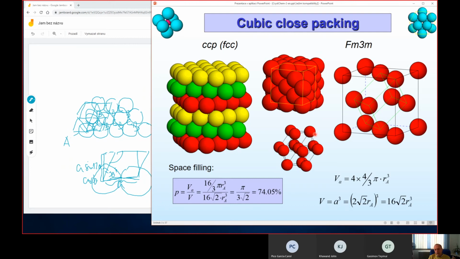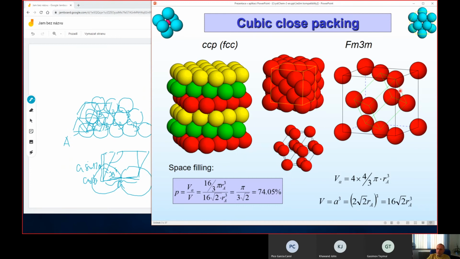And here in the cubic unit cell, this atom, which is in this corner, corresponds to the A layer. Then these 6 atoms correspond to the B layer, which is green on the left side figure.